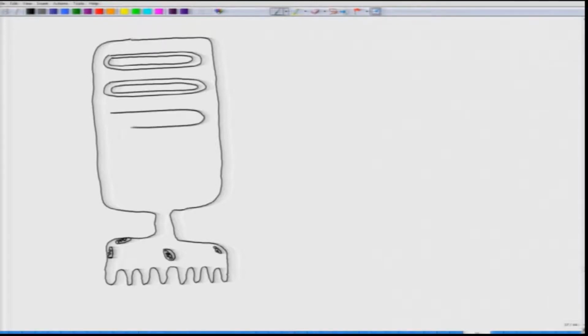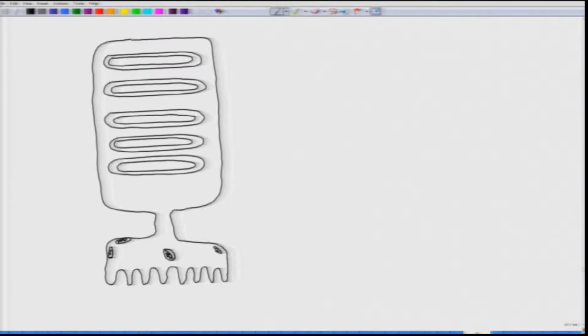And they really look very nice in a cell culture dish when you look at them. Now, these cells, this part what you see is called the outer segment.